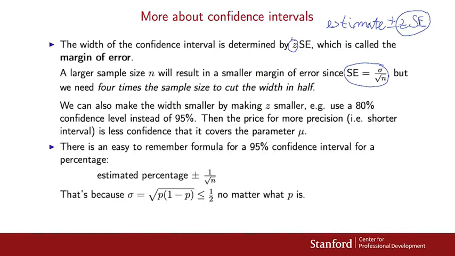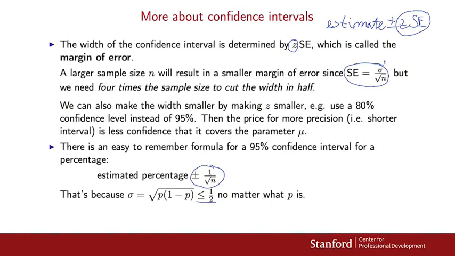If we are interested in confidence intervals for percentages, then there's a simple rule of thumb that allows us to compute these confidence intervals on the fly. The rule of thumb says just take the estimated percentage plus minus 1 over square root sample size. The reason why this works is because sigma can be shown to be never larger than 1/2, no matter what the population parameter p is.